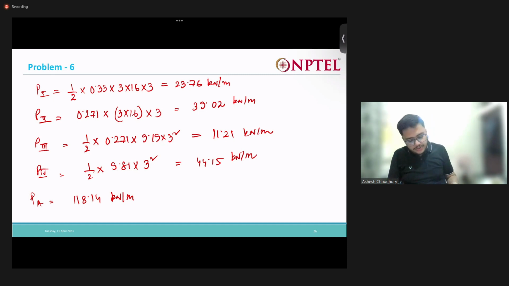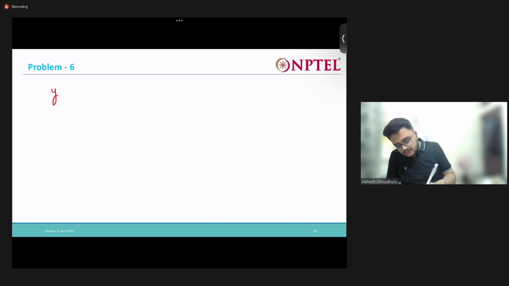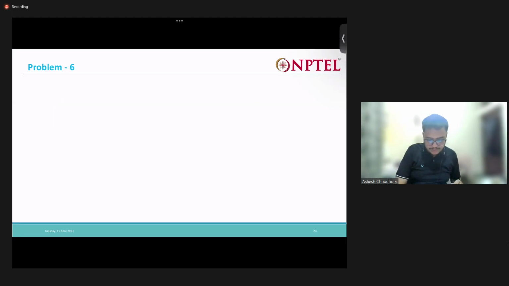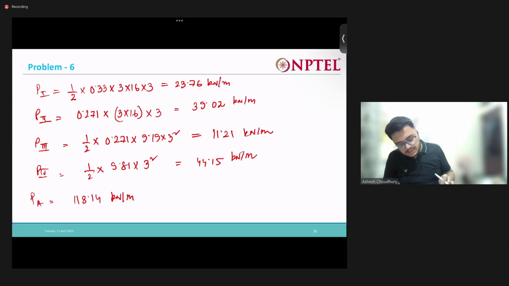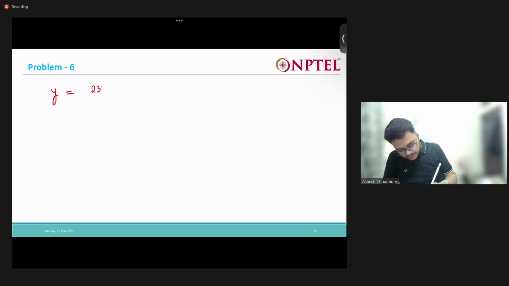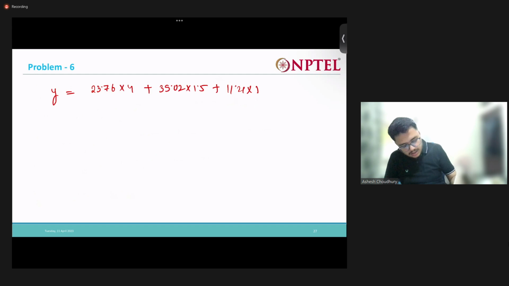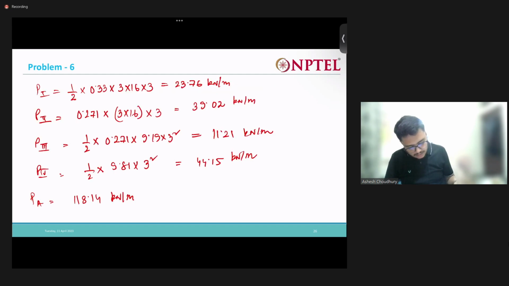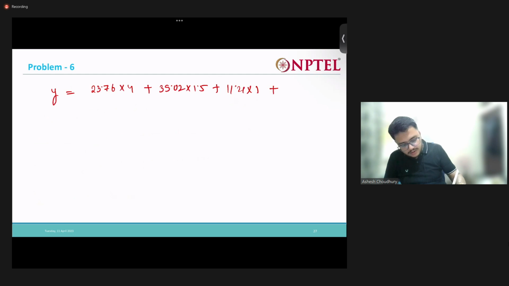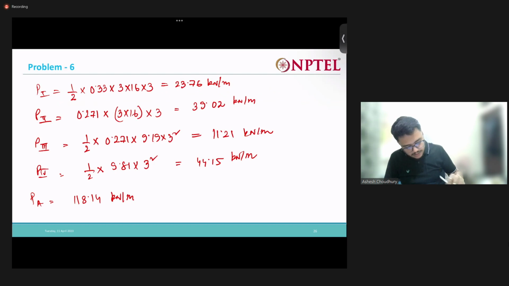Okay, now what we need to do, we need to find out y. It is the point of action, right? So for that 23.76 into 4, plus 39.02 into 1.5, plus 11.21 into 1, and 44.15 into 1, divided by 118.14.